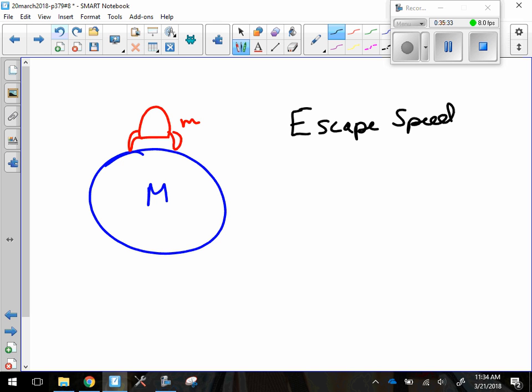Okay. So when we're talking about escape speed, we're talking about a specific situation. So first of all, as the object rises off of the surface of the Earth and it's launched with a certain velocity, as that object rises up, what happens to the kinetic energy?